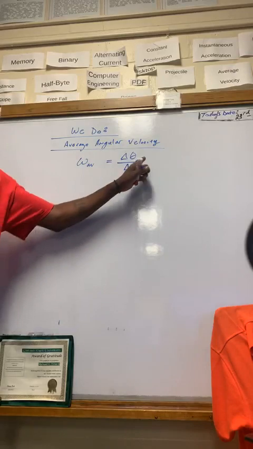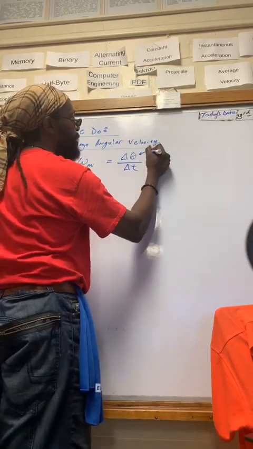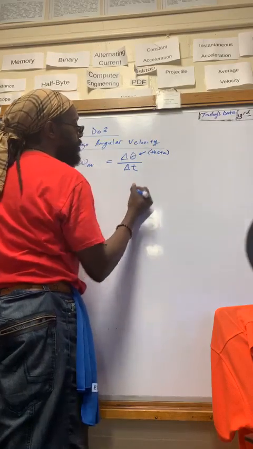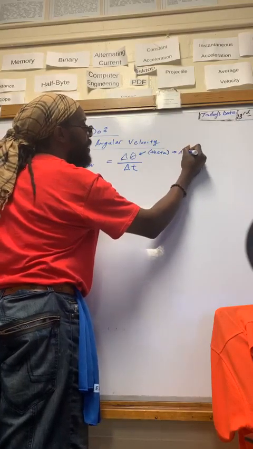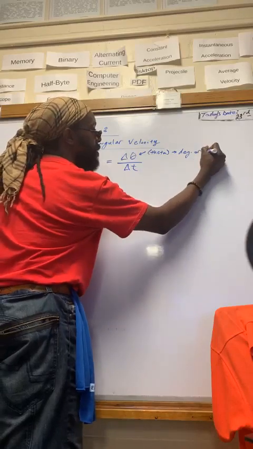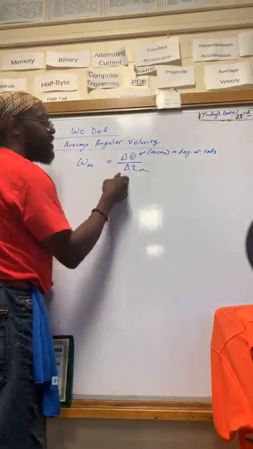So we know in most cases the angle can be measured in degrees or radians. And this is called theta, and it's measured in degrees or rads. This one is known as time, or change in time.